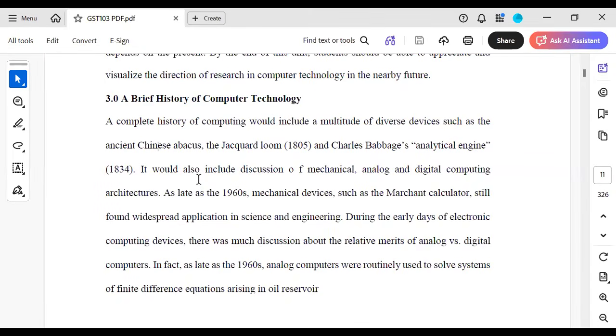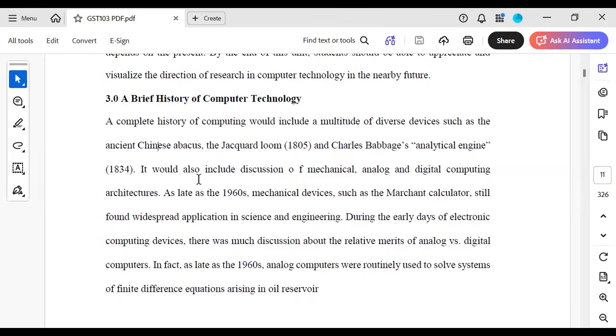A brief history of computer technology. A complete history of computing would include a multitude of diverse devices, such as the ancient Chinese abacus, the Jacquard loom, which is 1805, and Charles Babbage's analytical engine in 1834.